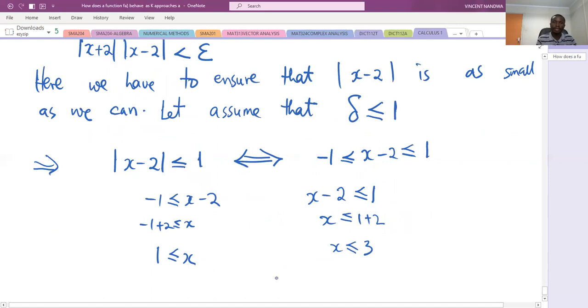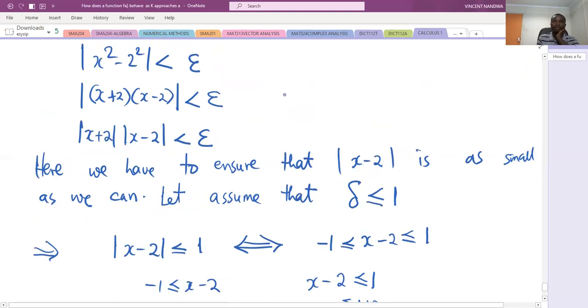So it's like x lies between 1 and 3. But remember, for us to have absolute value of x minus 2 in this line here, we need to be dividing by x plus 2, so at this point we need to say absolute value of x minus 2 is less than epsilon over absolute value of x plus 2.